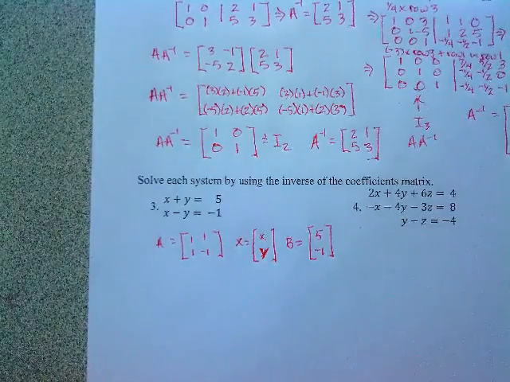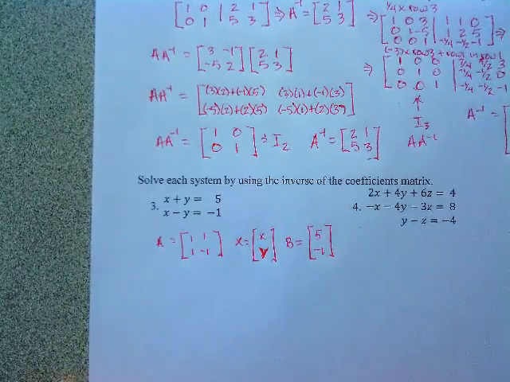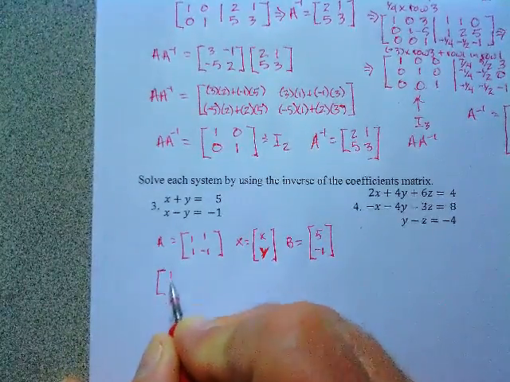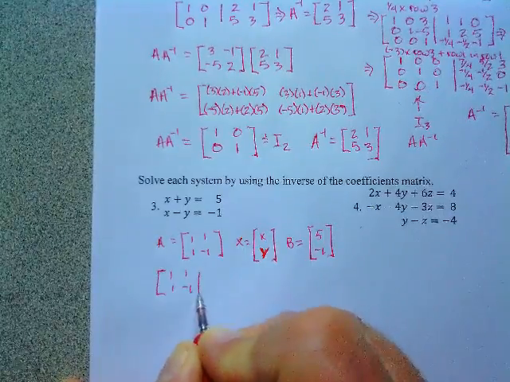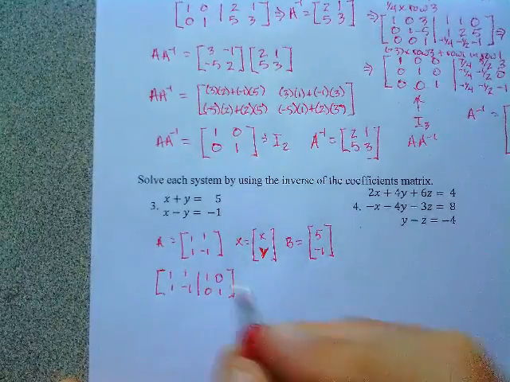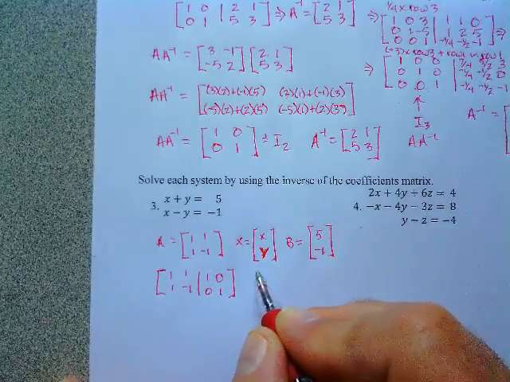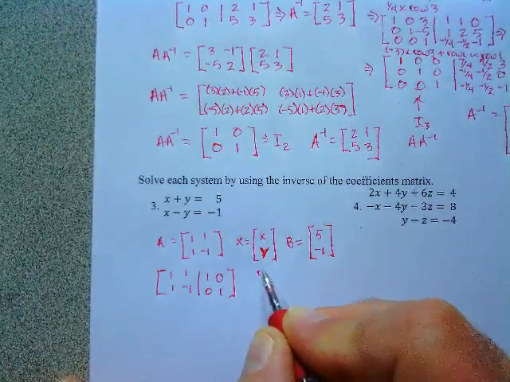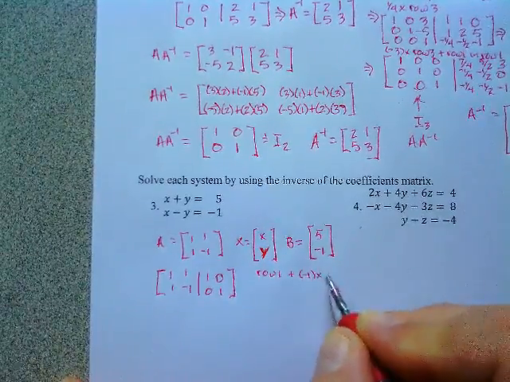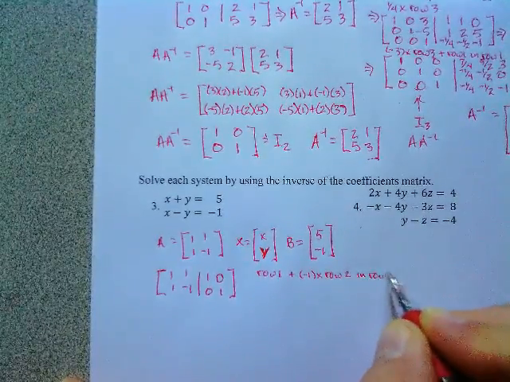So we're not given an inverse, so let's go ahead and find an inverse in this case. So we're going to start off with 1, 1, 1, negative 1, 1, 0, 0, 1. And let's see, we're going to do row 1 plus negative 1 times row 2 in row 2.